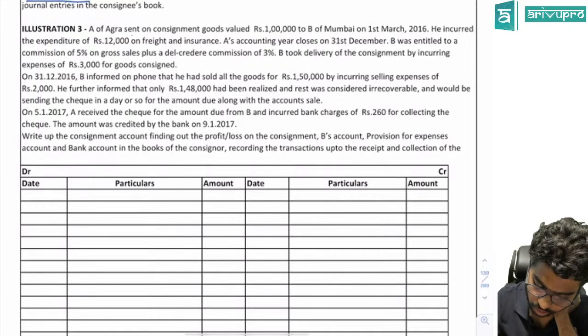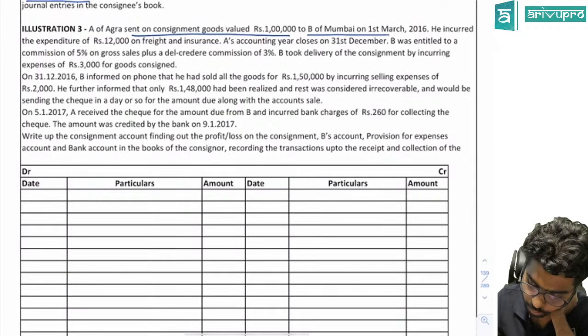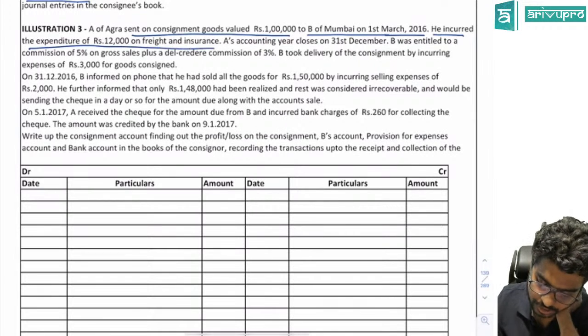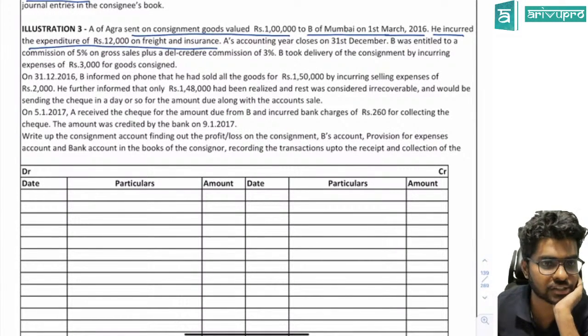A sent on consignment goods valued 1 lakh to B of Mumbai on 1st January. He incurred 12,000 rupees on freight and insurance. What's the journal entry?